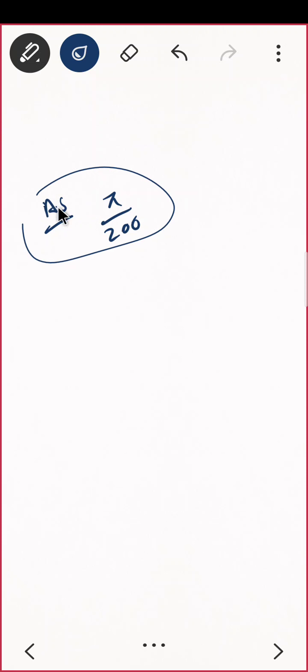Try to see whether you are getting pi upon 200 after doing all the calculation. Okay? One more. See, 0 to infinity.